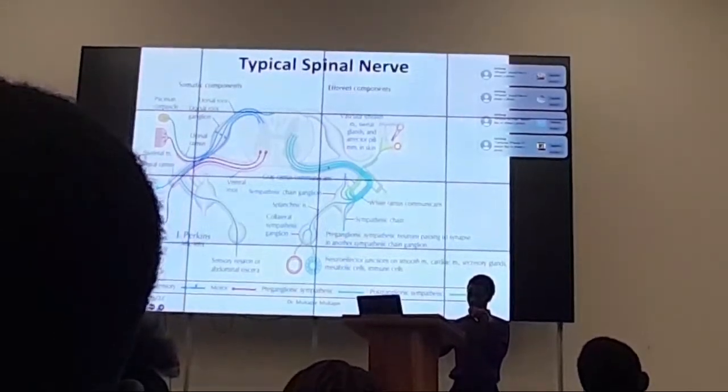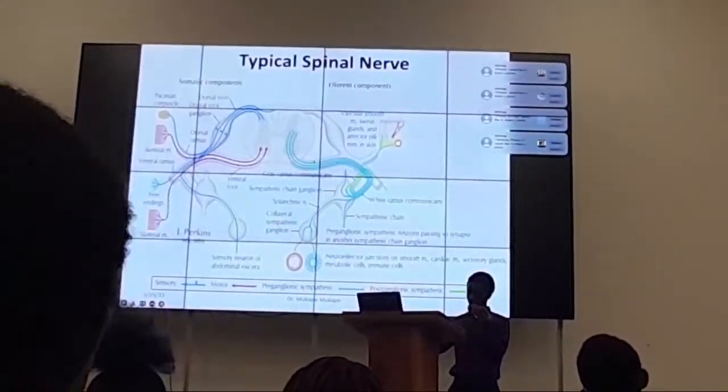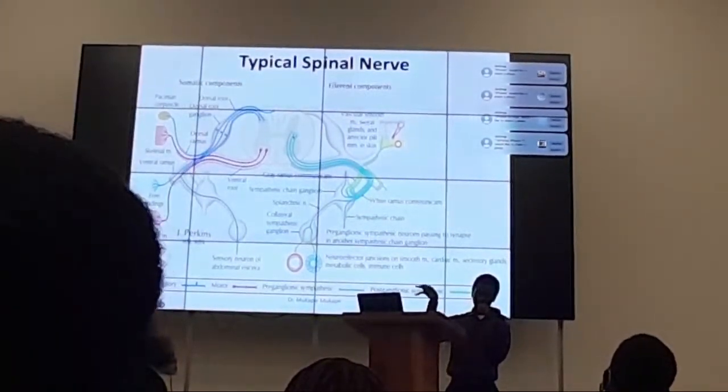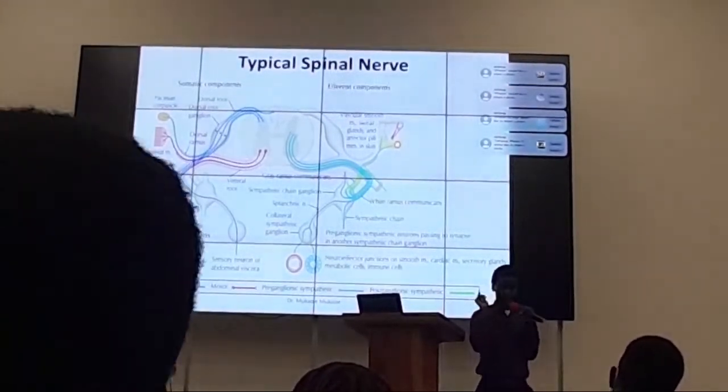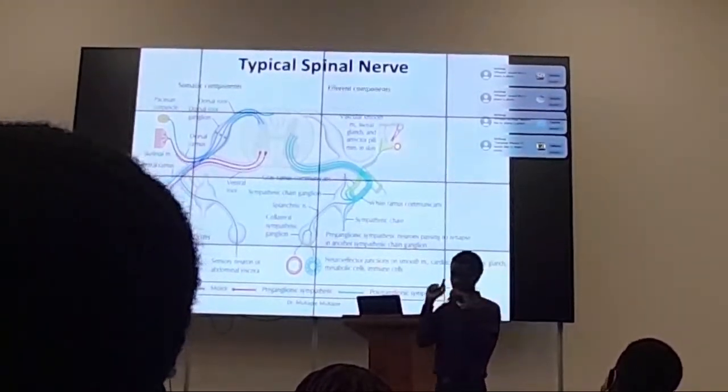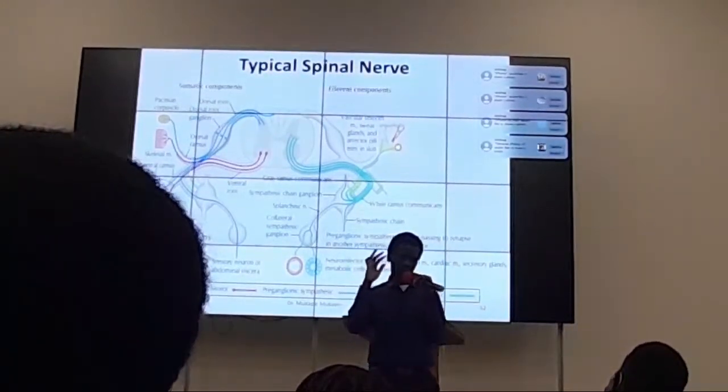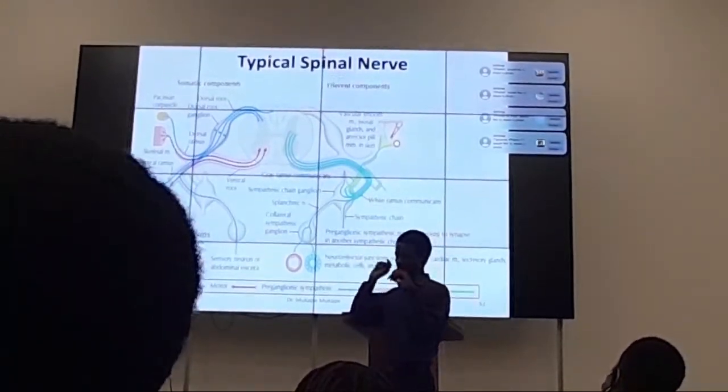Now these ones, they are special. These green ones here, which come from the lateral horn, are the ones which form the sympathetic, the autonomic nervous system.